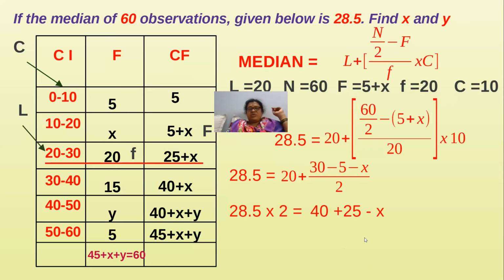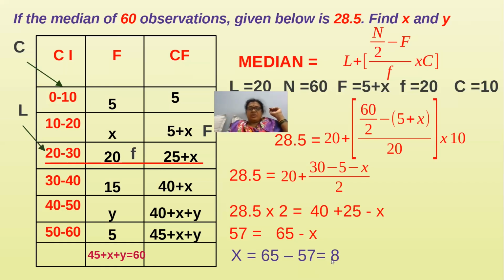So 40 plus 25, here when you multiply, you'll get 57. 40 plus 25, it is 65 minus x. So the x value is 65 minus 57, it is 8. So now we know the x value.